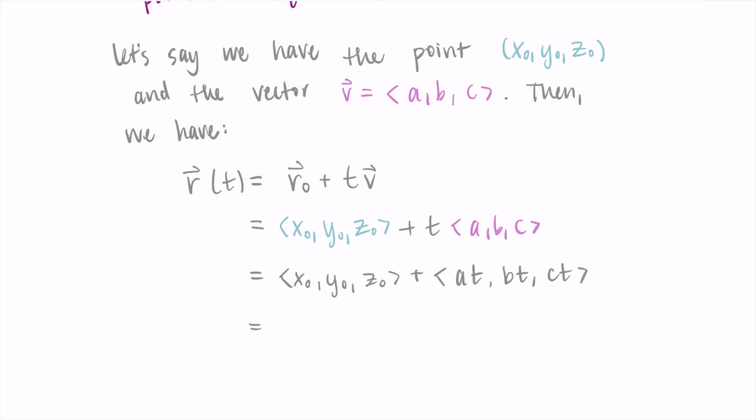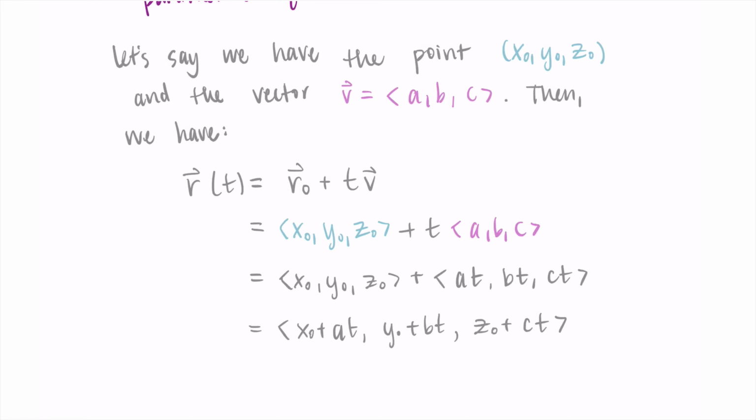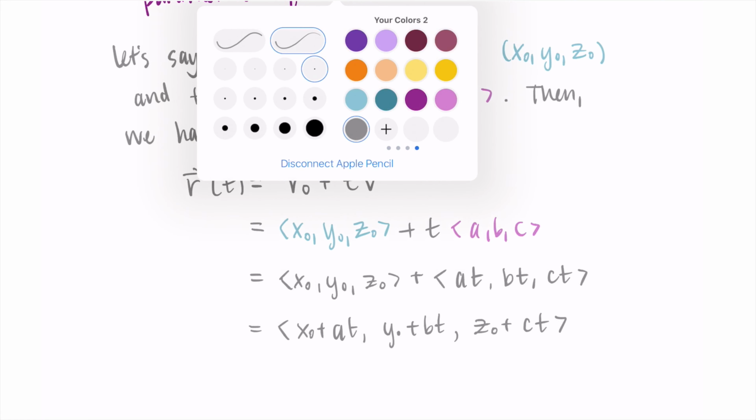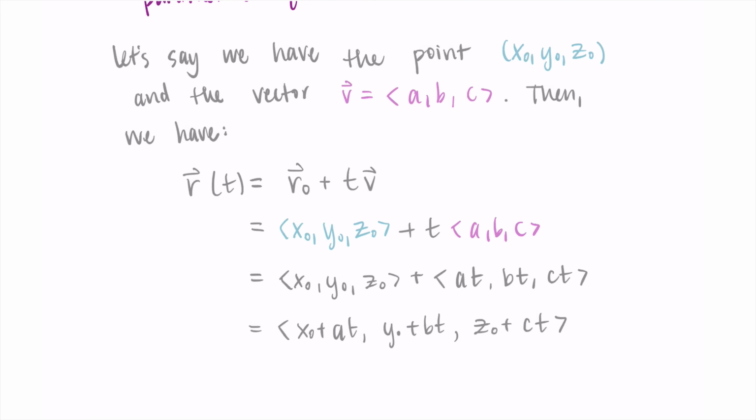Now adding the vectors together, we can put the x components together: x naught plus at. Then the y components are y naught plus bt, and the z components are z naught plus ct. Sorry, ct.